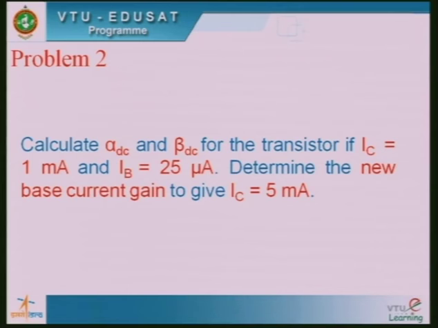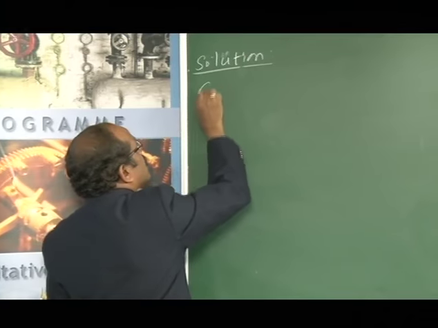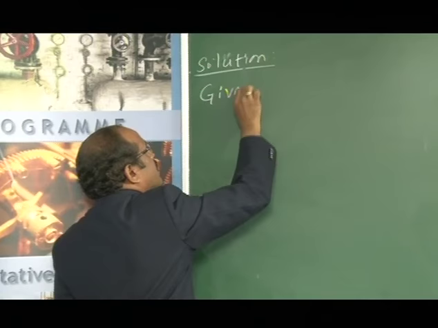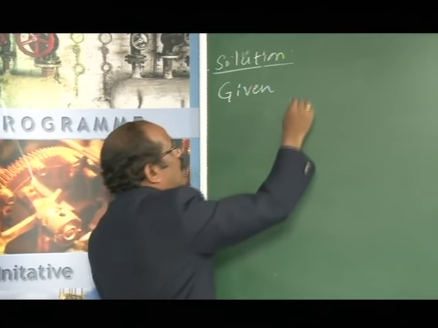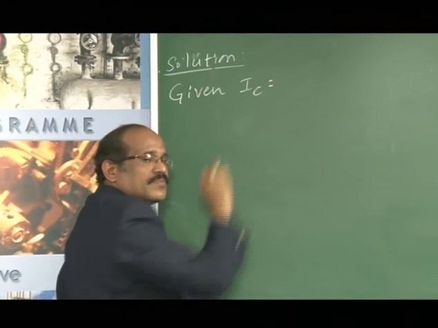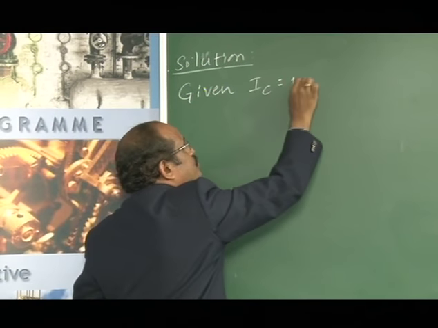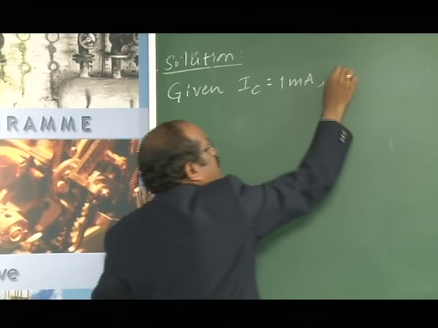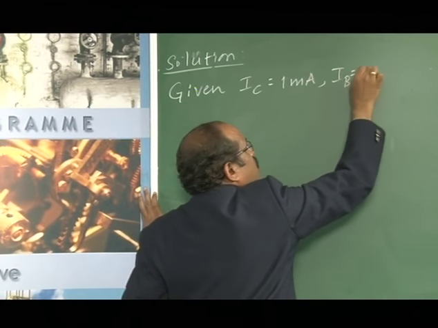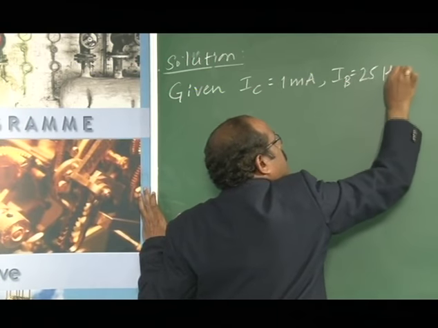So what will be the solution here? Let us note what the given things are. IC, the collector current, is given as 1 milliampere, and IB, the base current, is given as 25 microamperes.